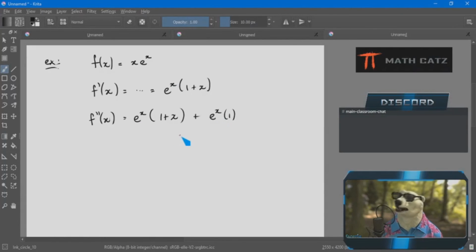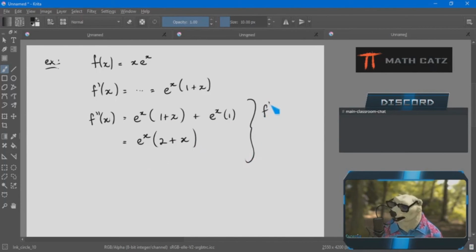The derivative just happens to be the same. You'd be surprised how quickly people think, oh, he just copied the same one down. He's not doing the product rule, he's doing something else. No, it's always one of those properties. I can factor out an e to the x, and I have a 1 plus 1 plus x, 2 plus x.